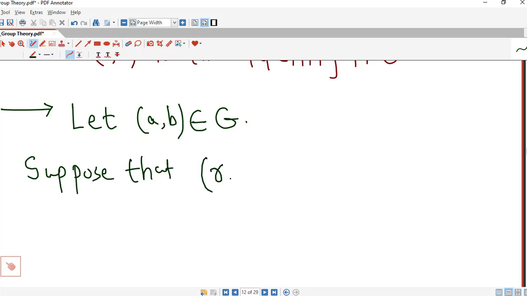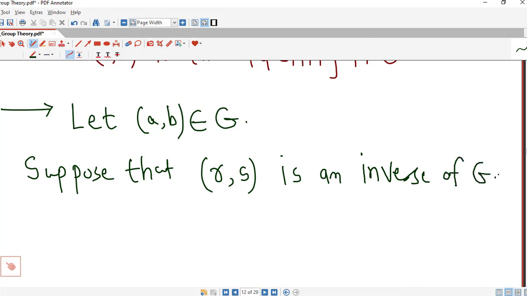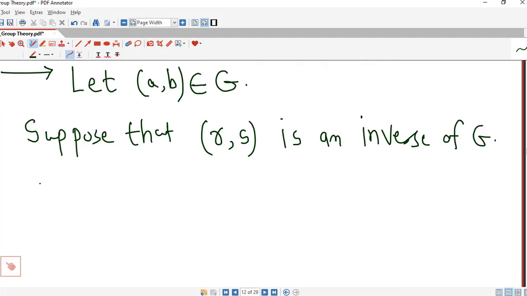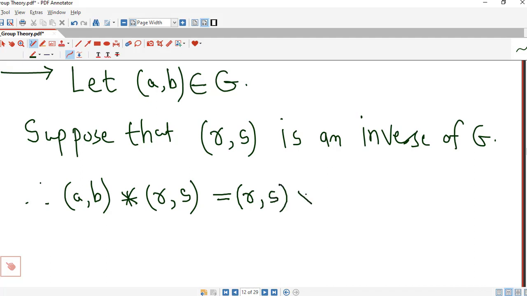Suppose that (R,S) is an inverse of (A,B). Then by the definition of inverse, (A,B) star (R,S) equals (R,S) star (A,B) must be equal to the identity, which we have shown is (1,0).